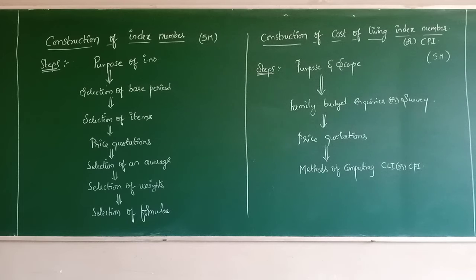First and foremost, the purpose. Defining the purpose of the index number. We have to state for what purpose we are calculating this index number, and that has to be very well defined. Remember, the first and foremost problem in the construction of an index number is to define clearly and precisely the purpose for which the index number is calculated or required.